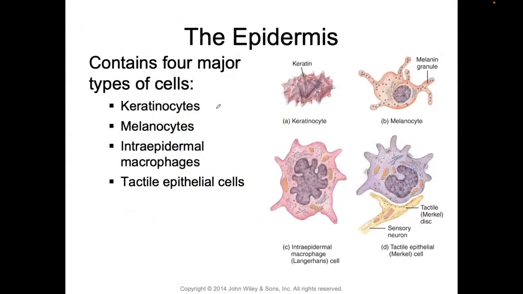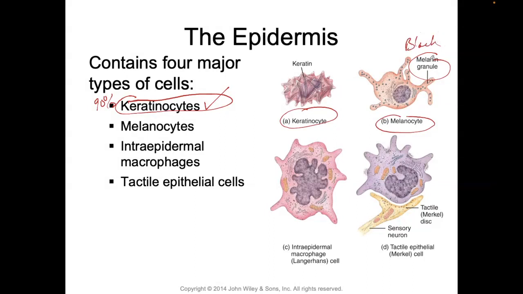We have some different cells of the epidermis, keratinocytes. These make up the majority of your skin cells. More than 90% of the skin cells are keratinocytes. Melanocytes make melanin. Mela means black. It's going to darken and give you a darker skin pigmentation.